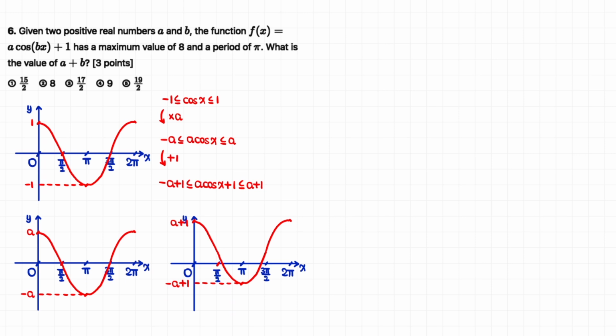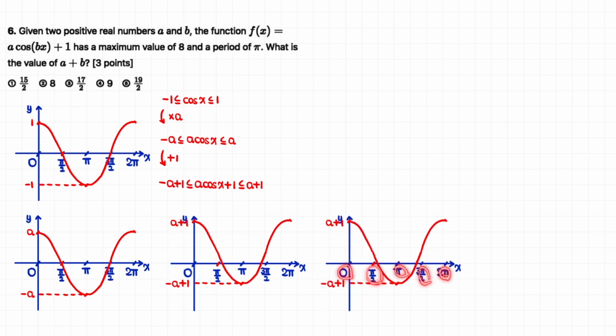So the period of cosine of x was originally 2 times pi. But if you replace x with b times x, the new period becomes 2 pi divided by b. So how does that change the graph? Let me show you. So these values, divide all those x values by b.